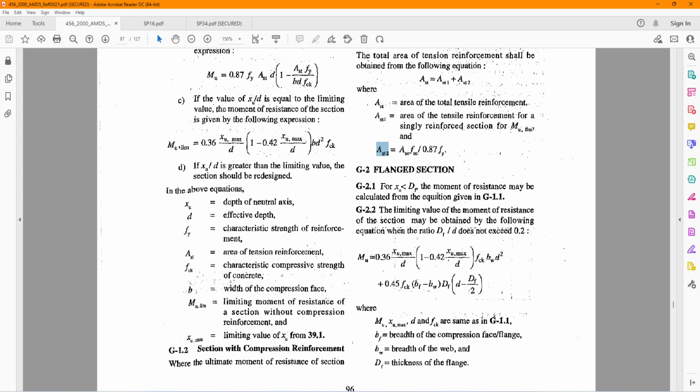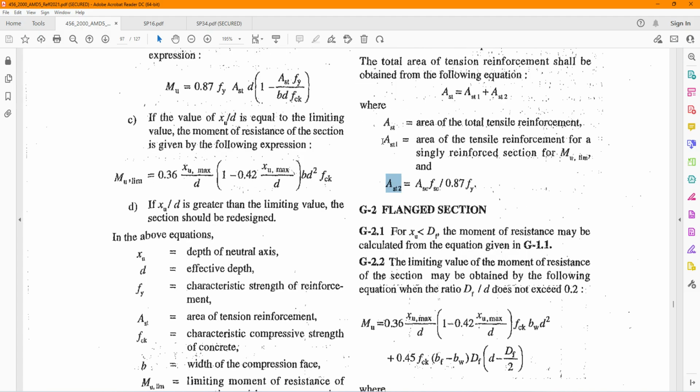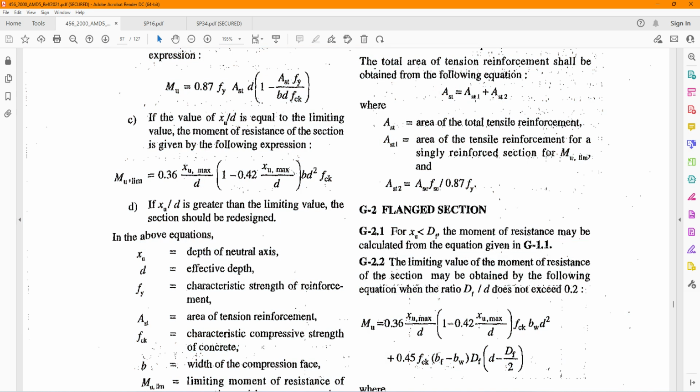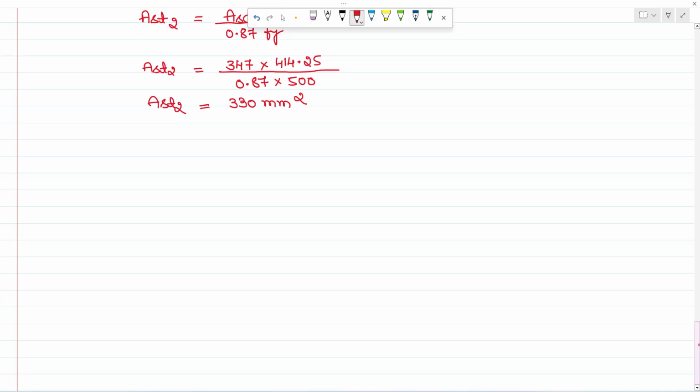So if you open the code, see here, the total area of tension reinforcement shall be obtained from the following equation. That is AST equals AST1 plus AST2. So next is to calculate AST.